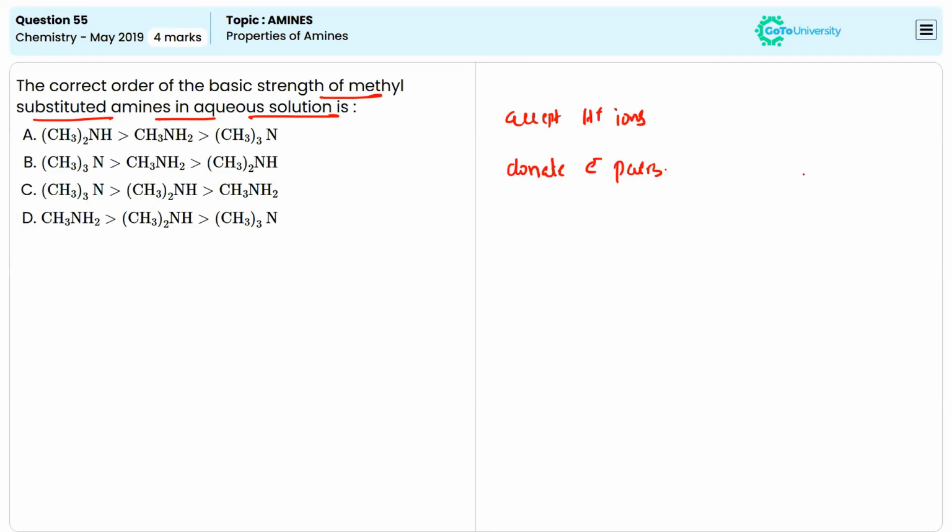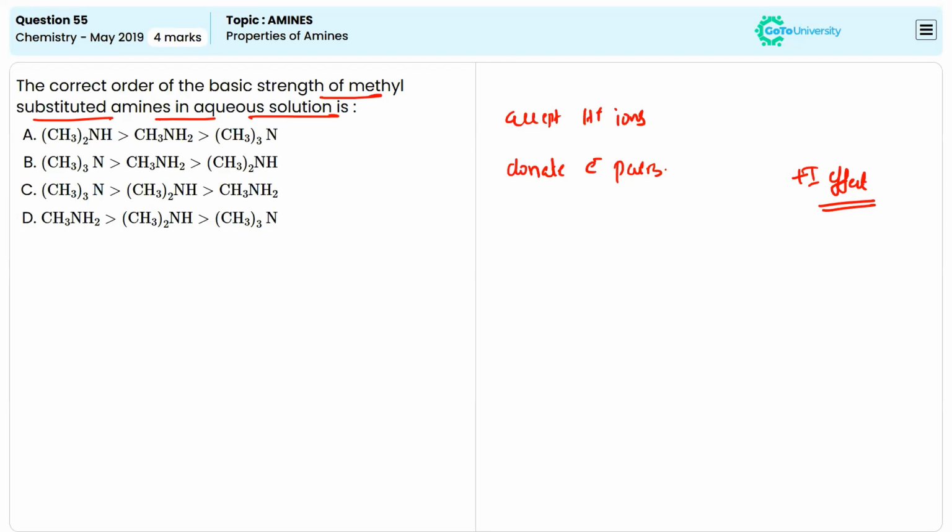The alkyl groups show a plus I effect, the electron donating effect, so they have a tendency to donate electrons. Due to this plus I effect, secondary amines are highly basic, because the alkyl groups increase the electron density on the nitrogen, so they can easily donate electron pairs or accept H plus ions.